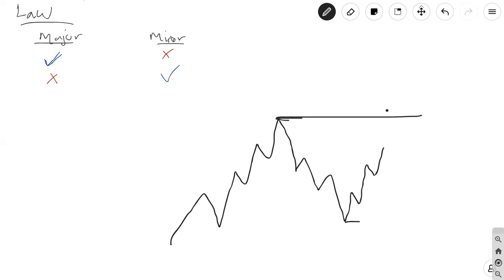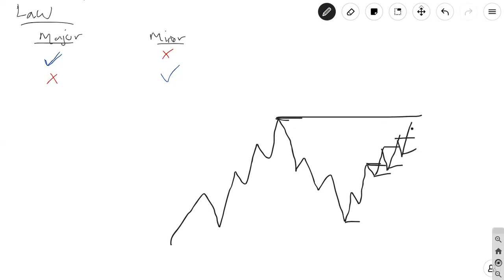We haven't broken the major structure. So if we haven't broken the major structure, we are allowed to trade this small structure, meaning we will find entries inside that structure and trade it. If we break that, we trade that minor structure and so on.